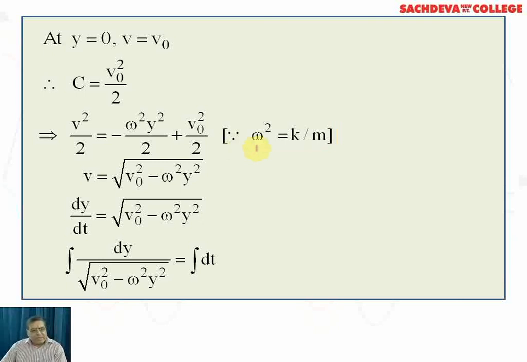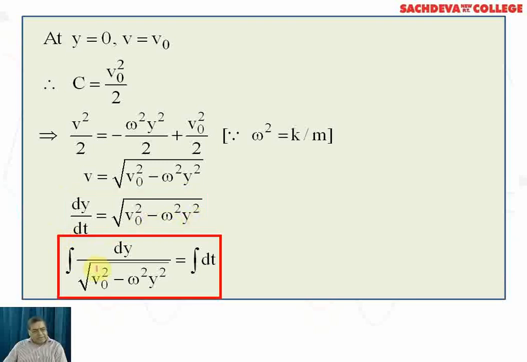So we go on further calculating, that is, we have calculated the value of v. We have cancelled off 2 from both sides in the denominator, and the value of v is calculated by taking the square root. Now v means velocity, so for v we have written dy over dt, and that becomes the square root of v naught square minus omega square y square.